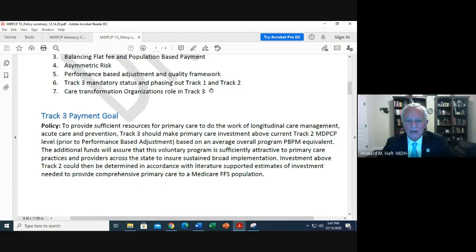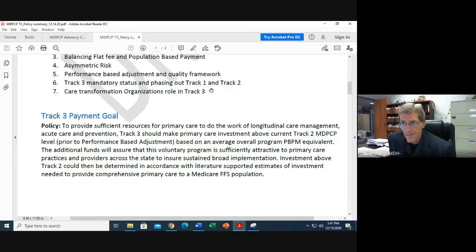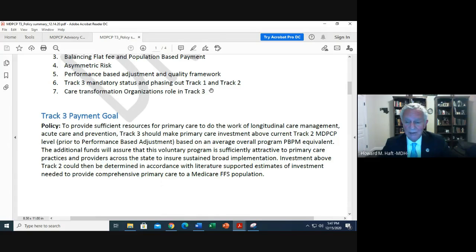And to the payment goal, I want to just remind everybody that the underpinning for the payment goal is to provide sufficient resources for primary care to do the work that needs to be done to make a healthier state. I think that is a mom and apple pie goal that is not able to be attacked in any way. There's work to be done in longitudinal care management that's critical, ongoing acute chronic care and prevention, behavioral health integration, social determinants of health. All those things require investments. They can't be done just because we want them to be done.